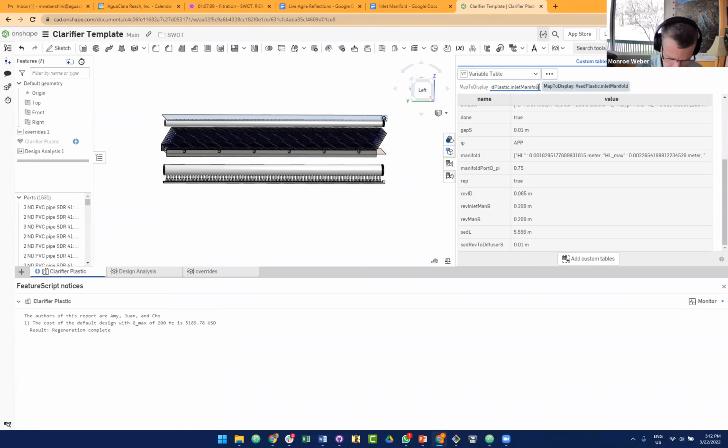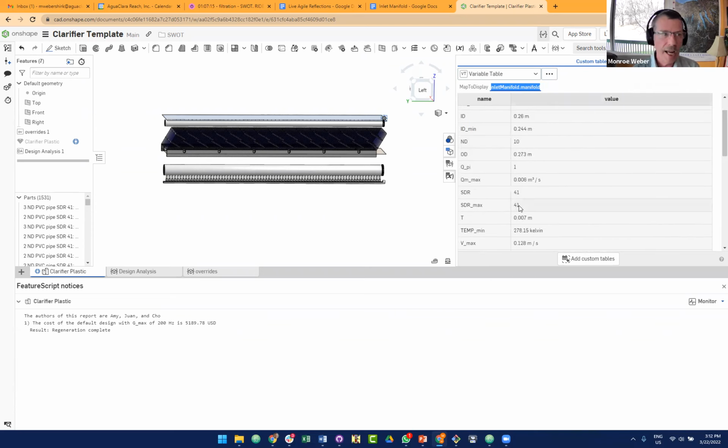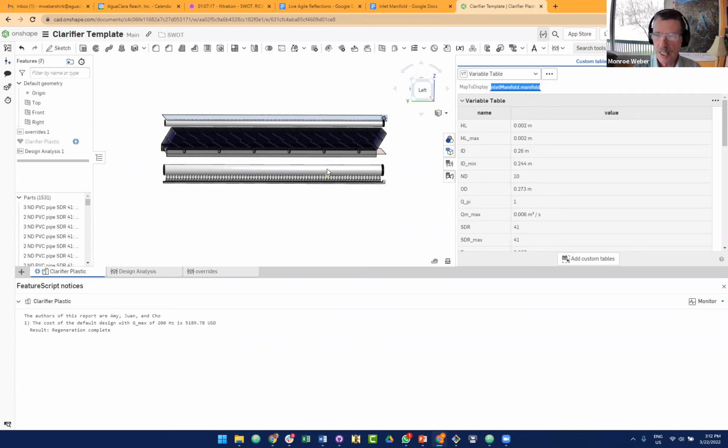So I can type that manifold at the end of that, and I can go one layer deeper. Now I'm all the way inside the inlet manifold, inside this pipe, and I can see that its diameter is 0.26 meters. It would have worked if that manifold had been 0.244 meters, but it had to find an available pipe, and when it found an available pipe, its inner diameter was 0.26 meters.